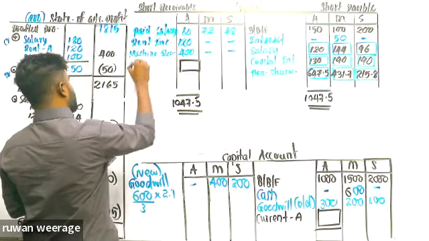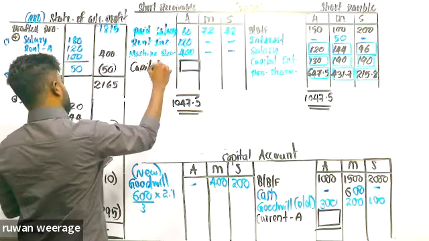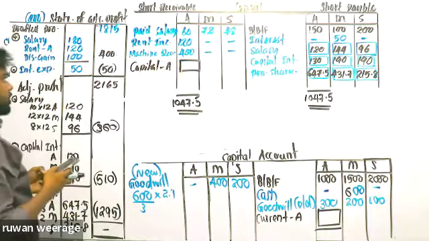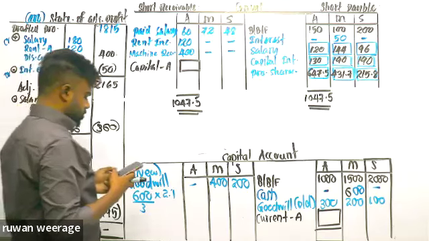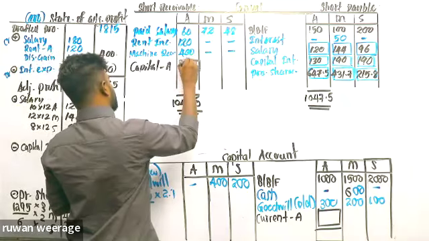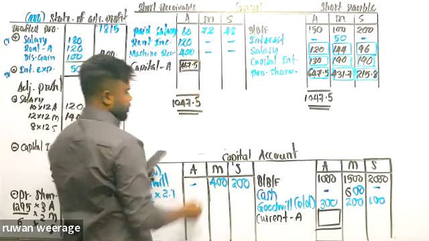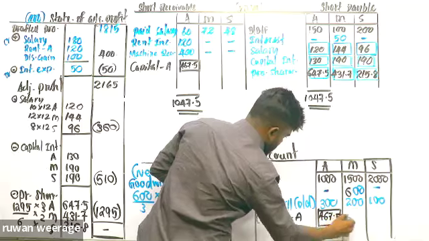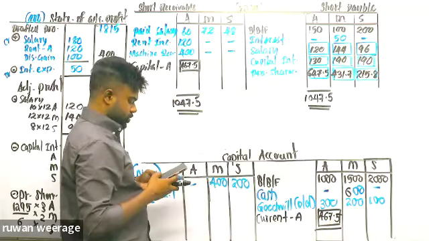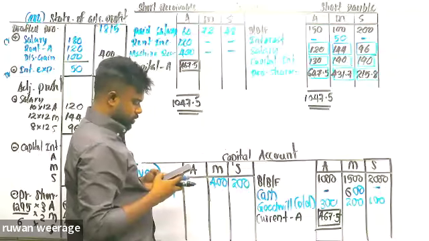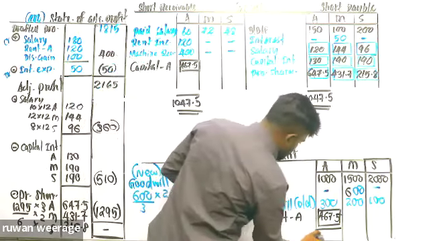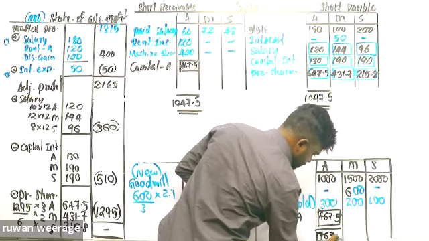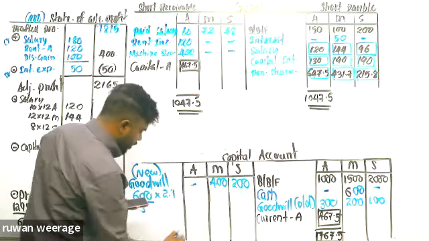So the balance should be transferred to the capital account because you have to close, minus 60. 467.5. Closing balance 1,767.5.